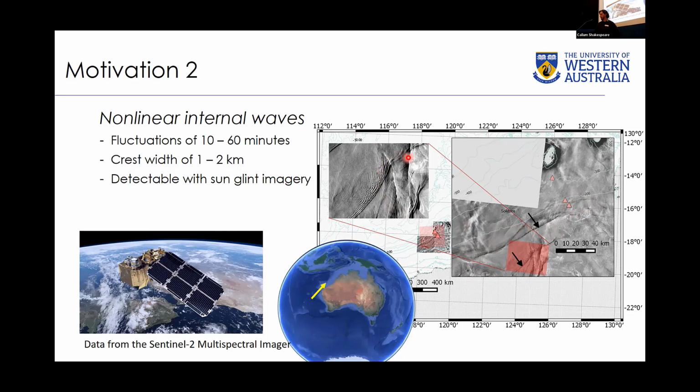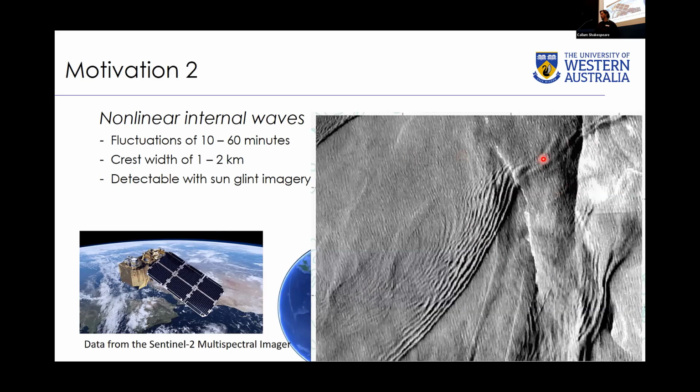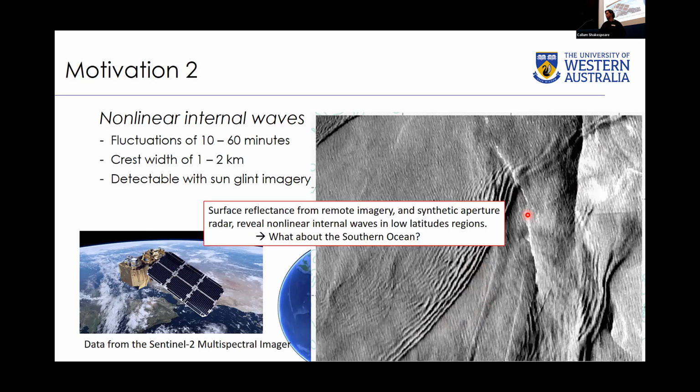And if you zoom in on this region, you see these long banded features in the sea surface roughness, and these 1 to 2 kilometre crests. They're the surface signature of nonlinear internal waves. And in the second part of the talk, I'll discuss why they're important. So basically, are these likely to occur in the Southern Ocean?